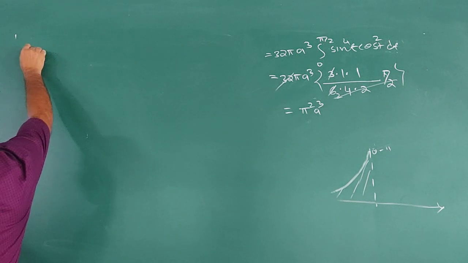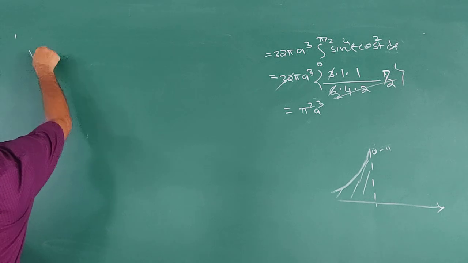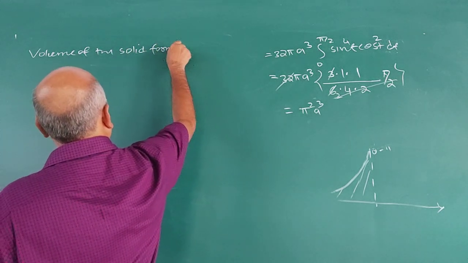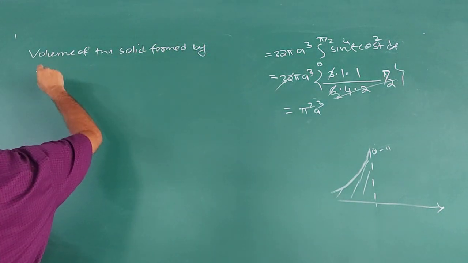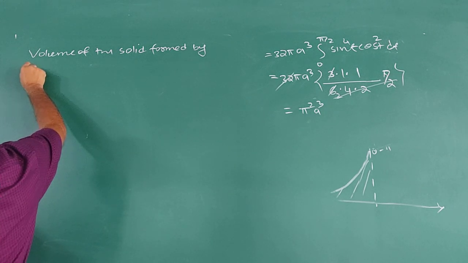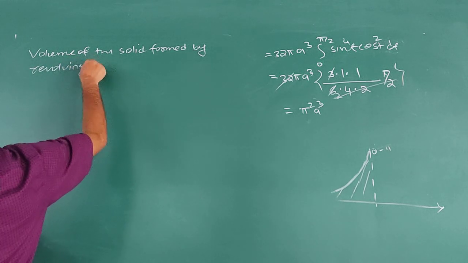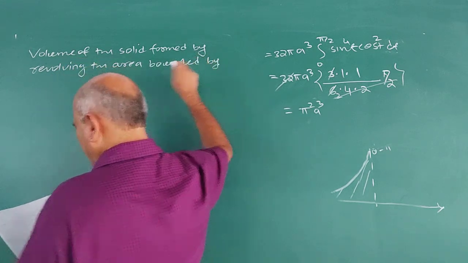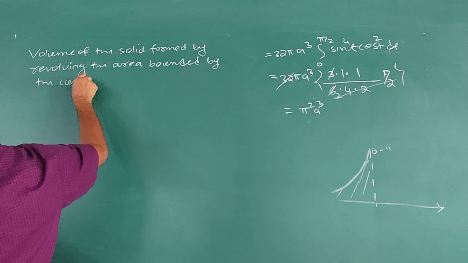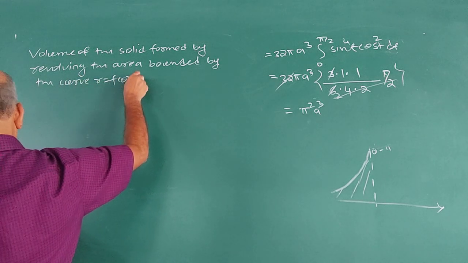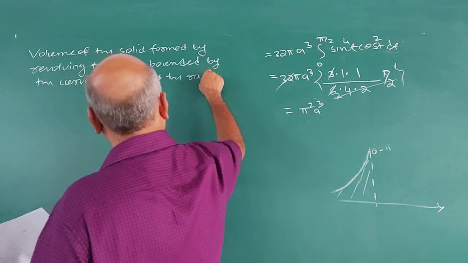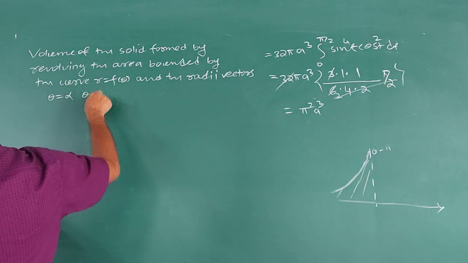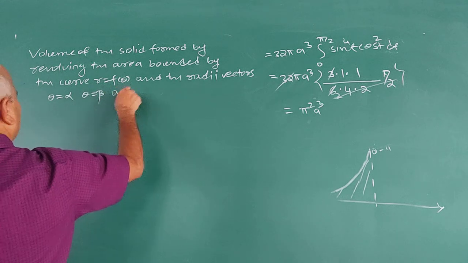Take the formula. Volume of the solid formed by revolving the area bounded by the curve r equals f of theta and the radii vectors theta equals alpha, theta equals beta, about the initial line.